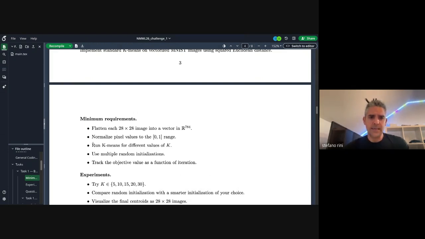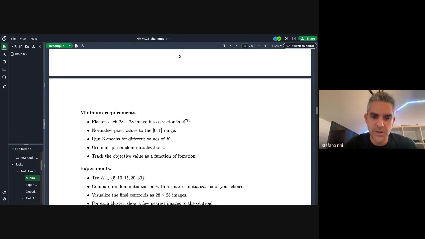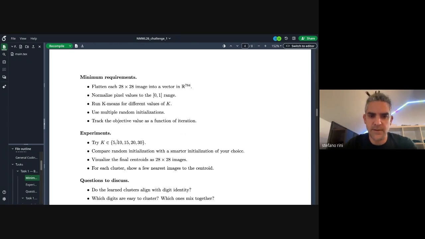Then you run k-means for different values of k. You run it for different initializations, and then you track the objective function as a function of the iteration. For example, try these values of k, compare the different initializations and some smart initialization that you can come up with. Again, try to be creative. Because it's only two groups here, but if we had more groups, then we would be concerned that each group has a sufficiently different presentation.